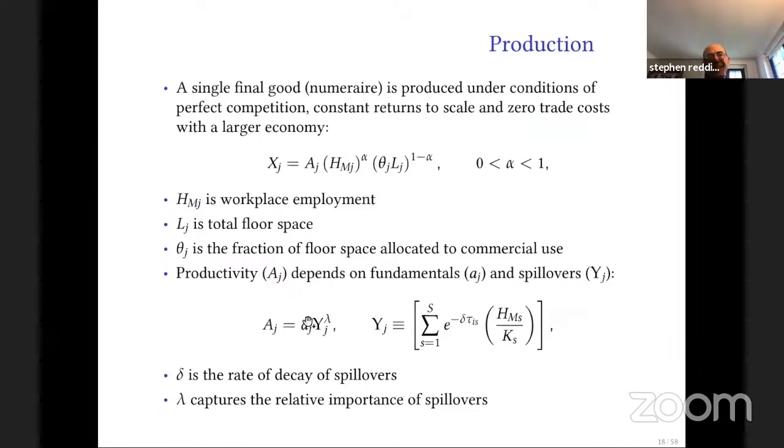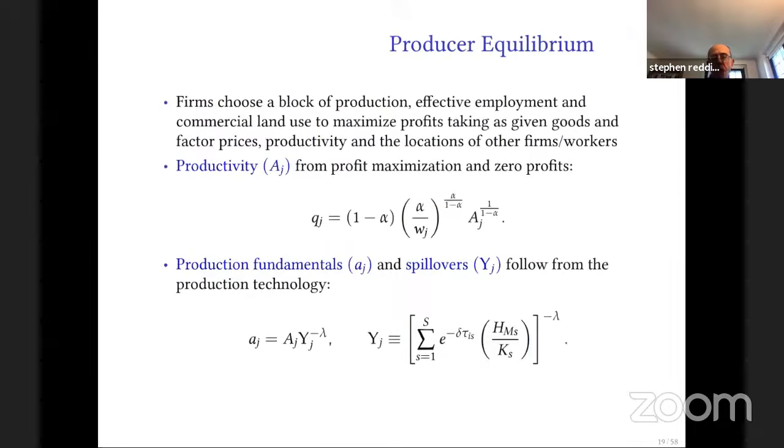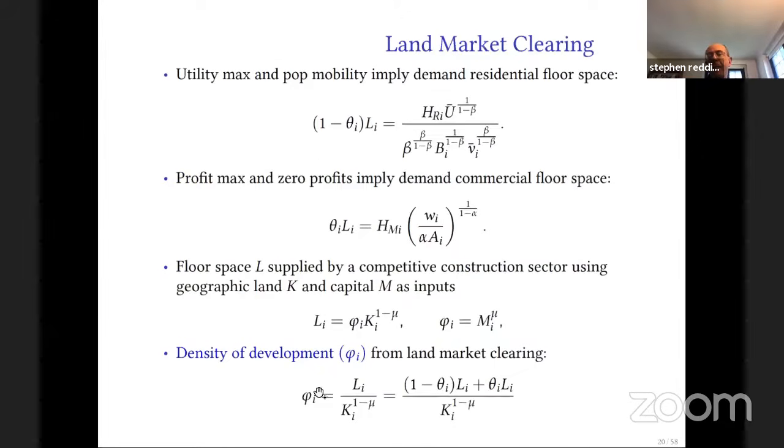They're allowing the model to exactly fit firms' employment decisions. And finally, this density of development is a third structural residual. It's allowing the model to be consistent with land market clearing, given the observed geographical land area in each location. Those ideas are very important in the quantitative urban literature. We want the model to be able to rationalize the data as an equilibrium, and it's those structural residuals that do that inside the model.